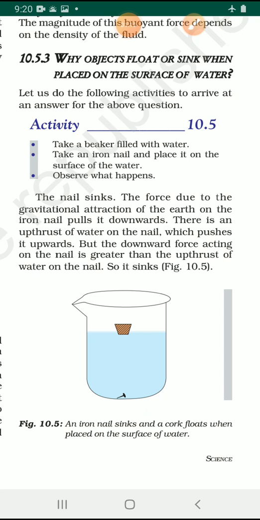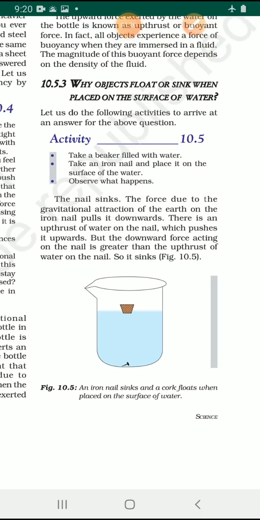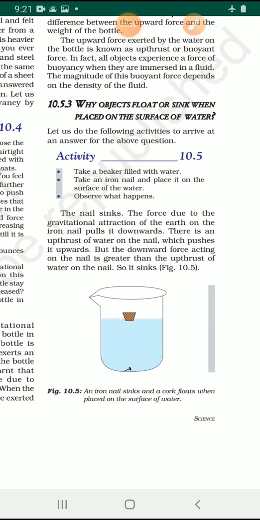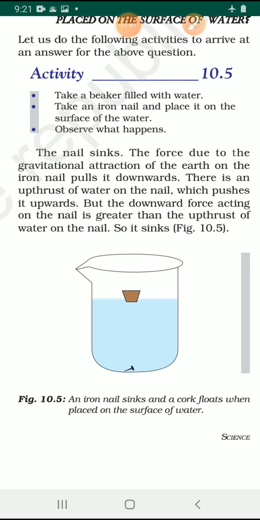When that force is more than the gravitational force, the object floats. And when the force applied by the water is less than the gravitational force, the object sinks. So, as you can see in the picture here, that's the reason the cork floats, wherein a small nail sinks in the water.